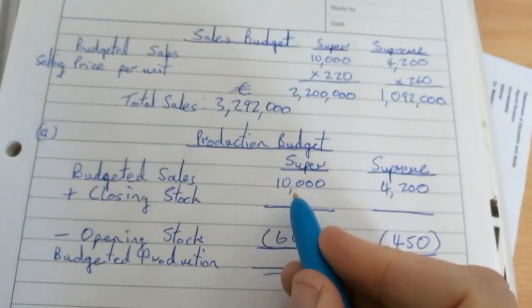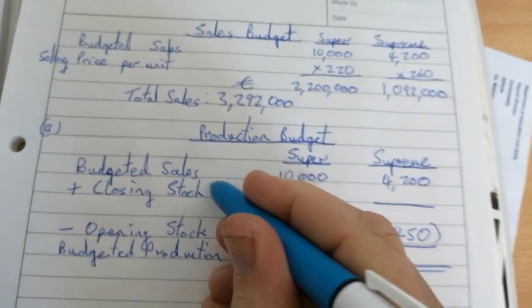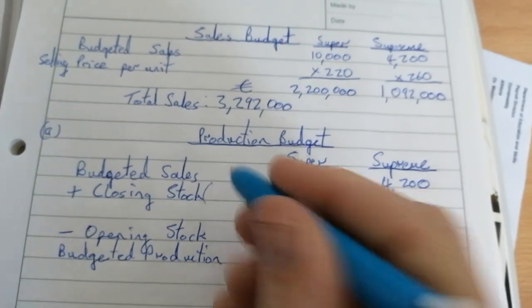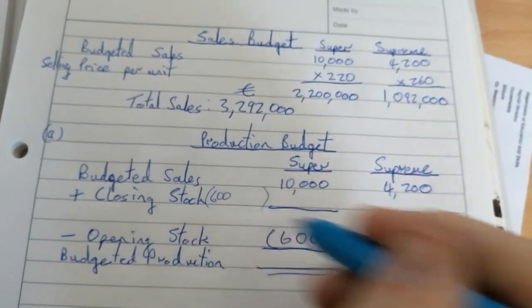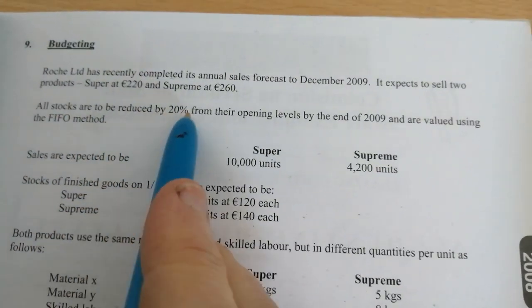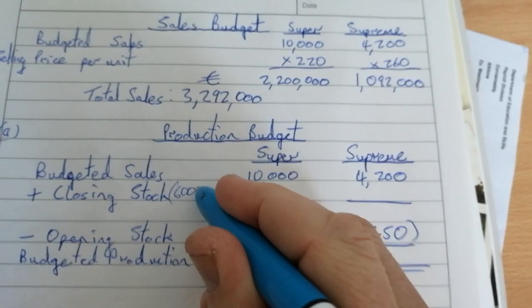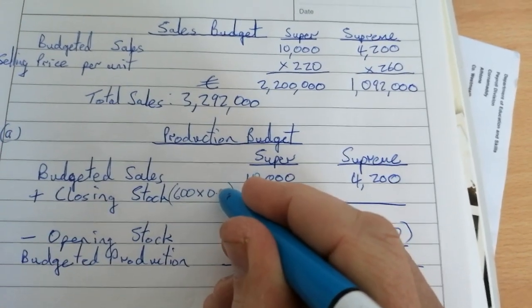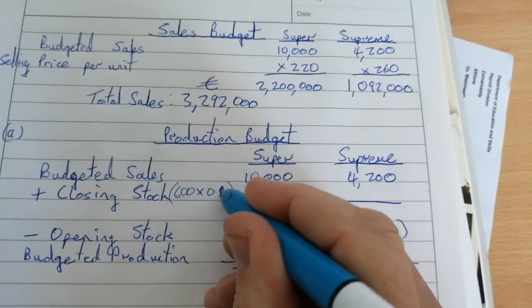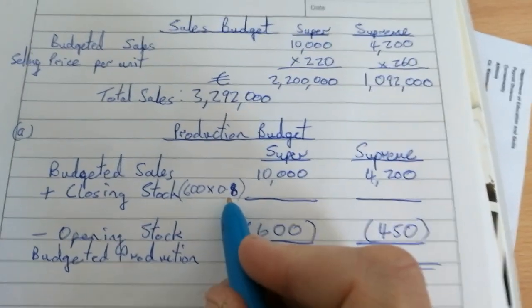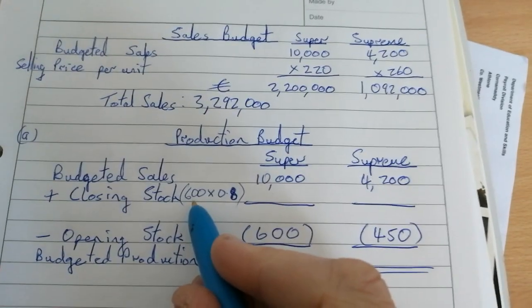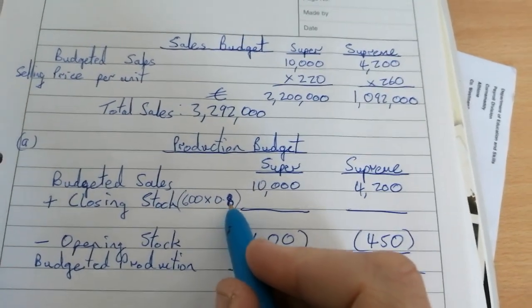Now to get our closing stock here, you don't have to put in these workings. I'm just going to do it for your sake. Let's see what they said again: all stocks are to be reduced by 20% from their opening levels. So it's 600, and I'm going to multiply it by 0.8, because if I'm going to reduce it by 20%, it's going to be reduced down to 80%.